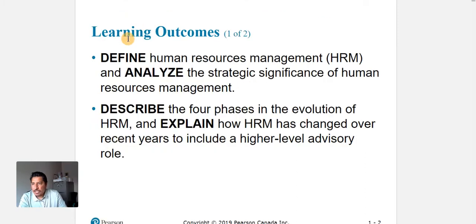The learning outcomes of this chapter are: define human resource management, which is HRM, and analyze the strategic significance of human resource management. The second describes the 4 phases in the evolution of human resource management and explains how it has changed over recent years to include a higher level advisory role.